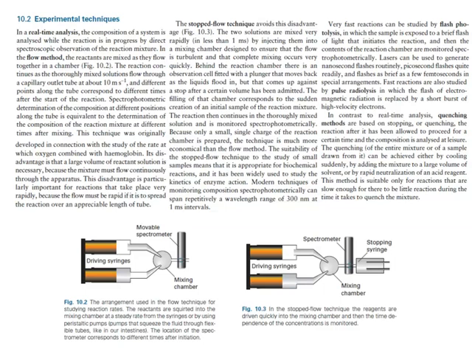Because only a small, single charge of the reaction chamber is prepared, the technique is much more economical than the flow method. The suitability of the stopped flow technique to the study of small samples means that it is appropriate for biochemical reactions, and it has been widely used to study the kinetics of enzyme action.